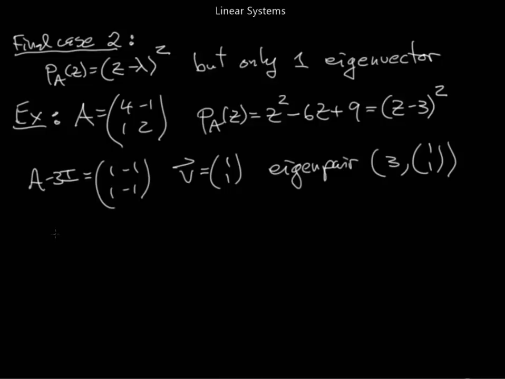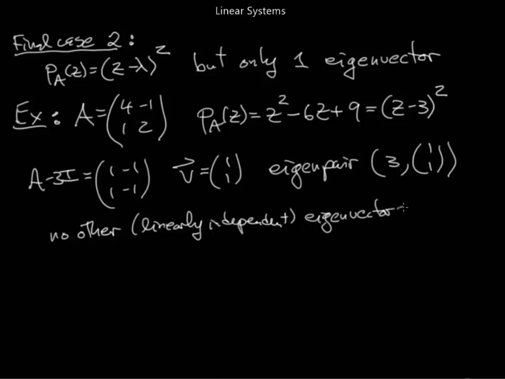And from that, I get a perfectly good solution. There's no other linearly independent 3 eigenvector. So from this eigenpair, I'm going to get a perfectly good solution: x of t is equal to e to the 3t times the vector 1, 1. But what am I going to do for x2?